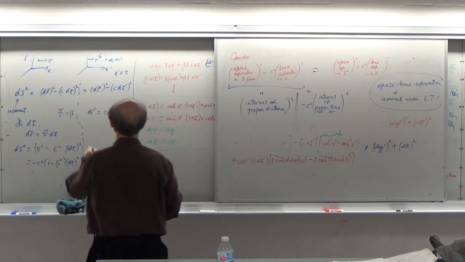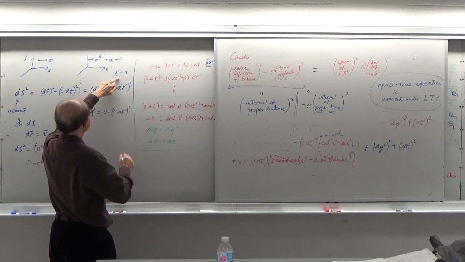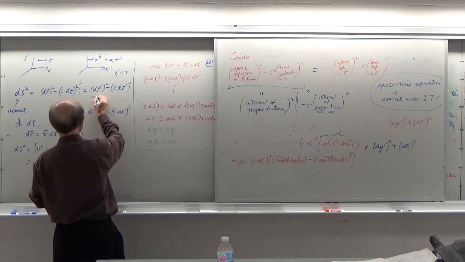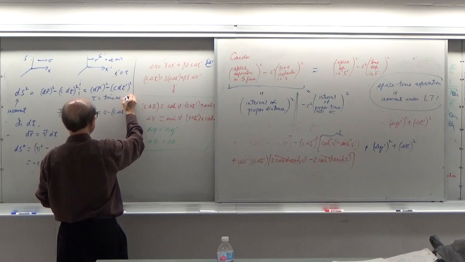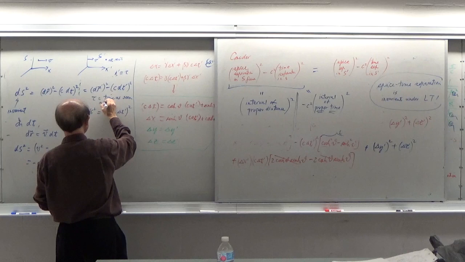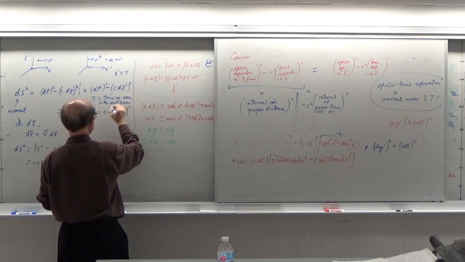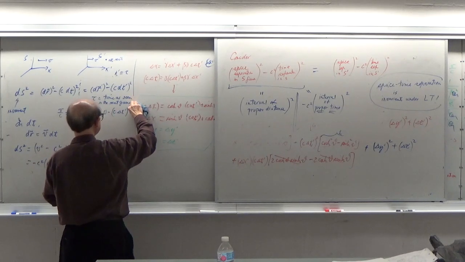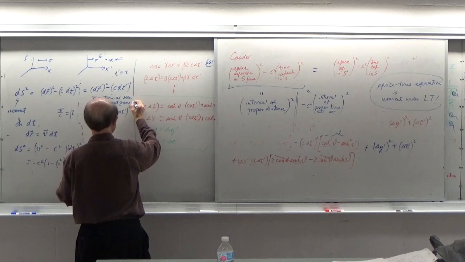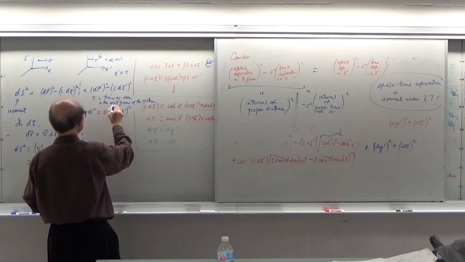So tau is the time as measured in the rest frame. Tau has the significance of time as seen in the rest frame of the system under consideration. Let me write: in the rest frame of the system. That's the meaning of tau.